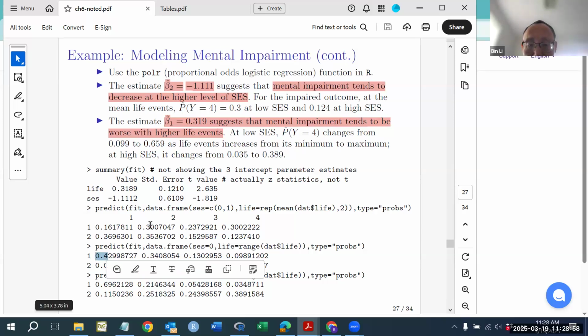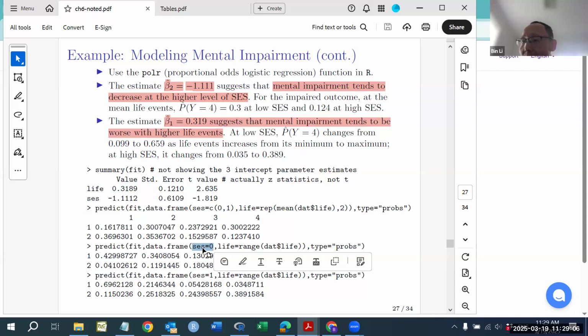Okay, but here, this is showing the SES is 0, so that means the socioeconomic status is low. But we compare the minimum and the maximum. The range function in R gives two numbers. The first one is the minimum level. The second one is the maximum.